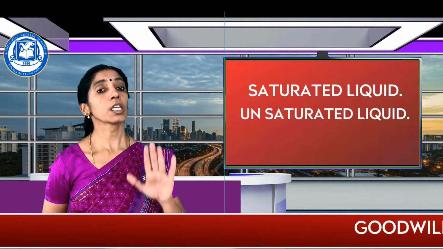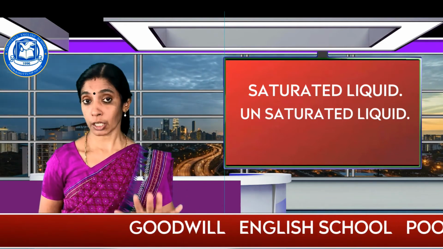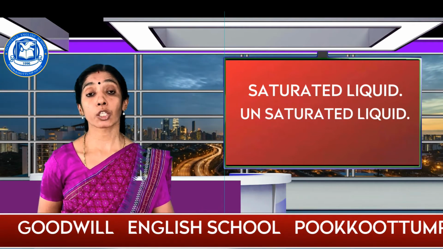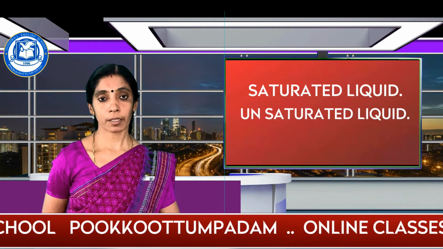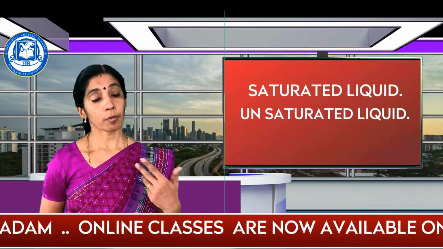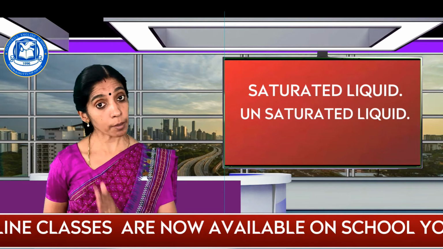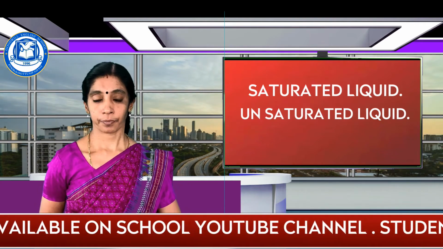No more of the solid can be dissolved in that. Such a type of liquid is known as saturated liquid. So then what will be unsaturated liquid? Yes, if more and more of the solid can be dissolved, then we call it unsaturated.